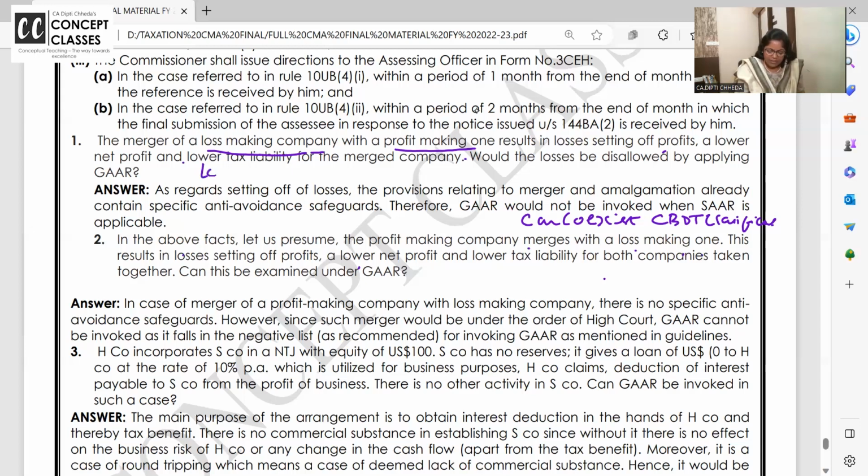You are merging losses with profit. Look again at the first and second. Same kind of questions are there. Merger of a loss-making company with a profit-making one, so that profit comes down and there is the benefit of losses.